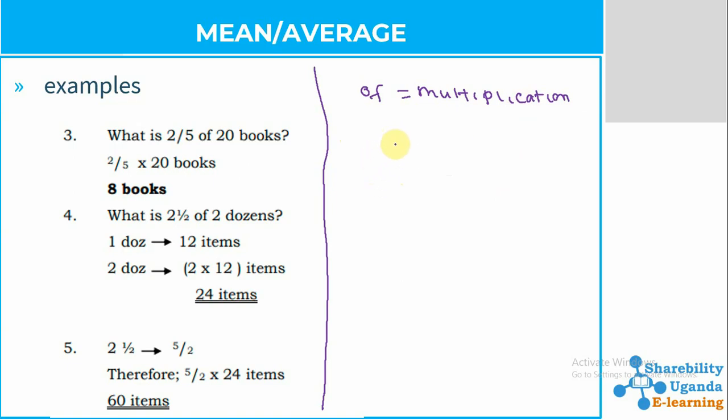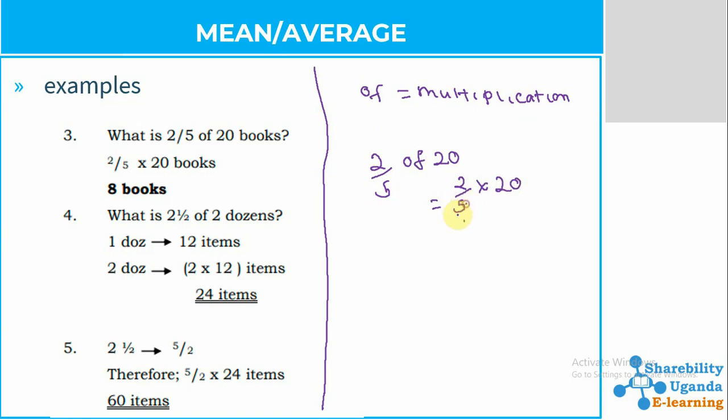So now when they have given you 2 out of 5, then they tell you of 20 books, what you do is to bring out this 2 out of 5 and multiply it by 20.